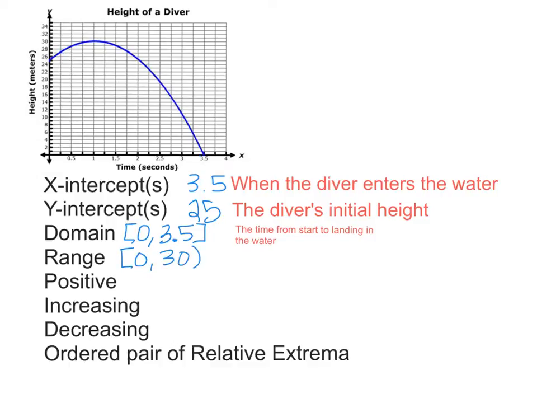And I'm going to put that with parentheses because I'm not sure if it's a little bit above that or a little bit below that. But either way, if you put it in brackets, I would still count you right on the test. And contextually, what this means is the heights the diver covered during the dive.